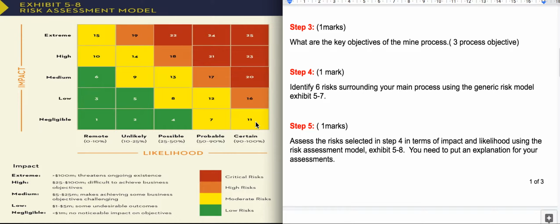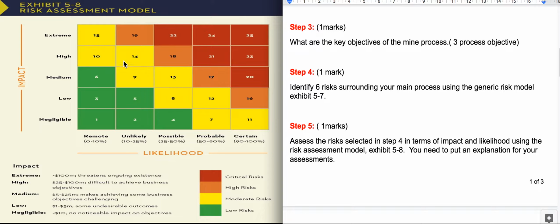Is it not worth mentioning? You need to put the risks you have identified in this module. And when you put them in this module, you need to explain why. For example, why you chose medium for the impact, and for the likelihood you chose possible. I need you to have an explanation.